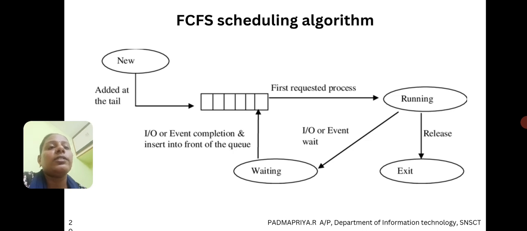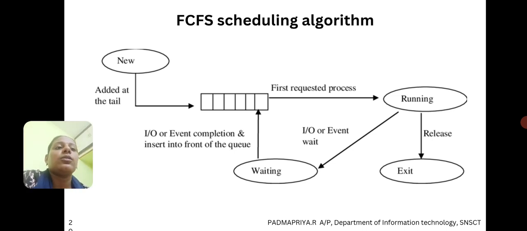If a new process enters, it should be added at the tail of the chart, and the first process presented in the chart requests the CPU, which is called FCFS. Whichever process came first in this chart is eligible to request the CPU first.